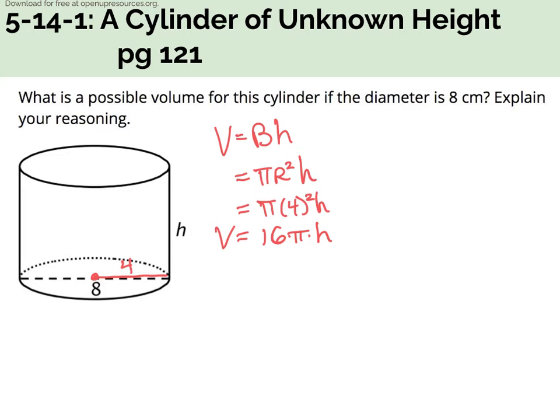So it will be multiples of 16 pi, depending on how high that cylinder is, and that would be the volume. Of course, our units are centimeters cubed. So it's going to be any multiple of 16 pi centimeters cubed for the volume of this cylinder.